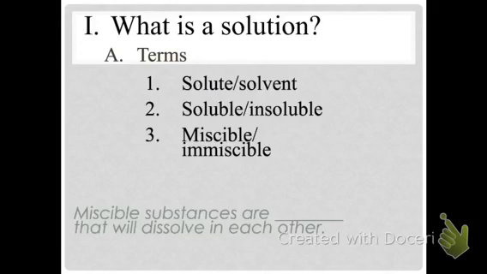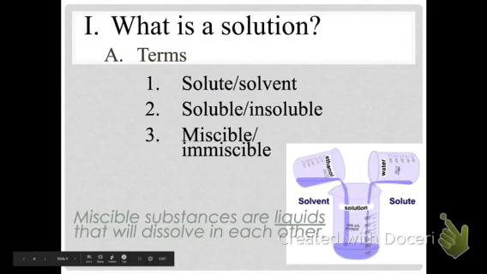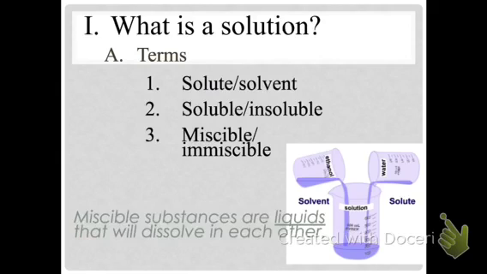Then you've got miscible and immiscible, and these are two upper tier terms. A miscible substance is a liquid that'll dissolve into each other. So from the picture you've got ethanol and water, you've got the solvent and the solute there. They're going to mix together. They're going to dissolve into one another. Immiscible means that it will not.